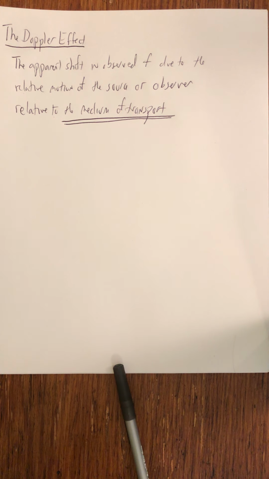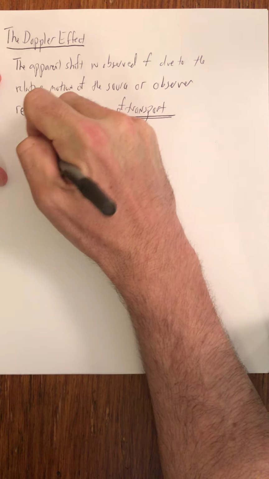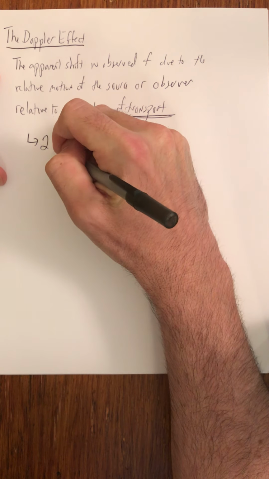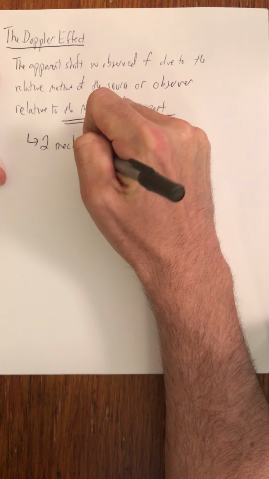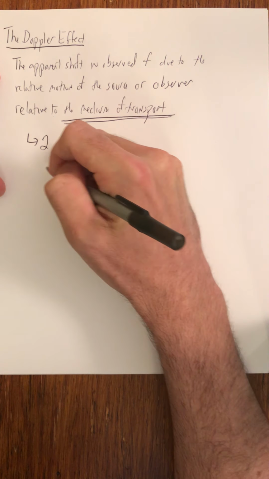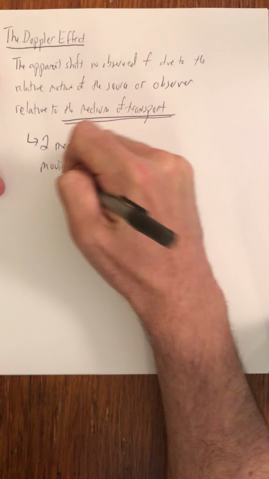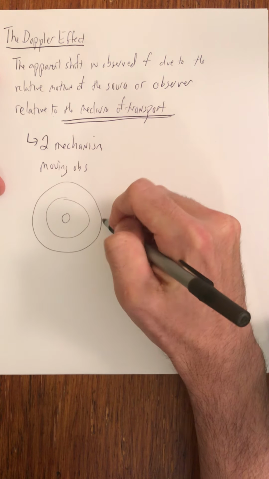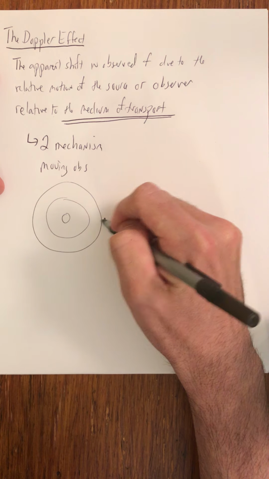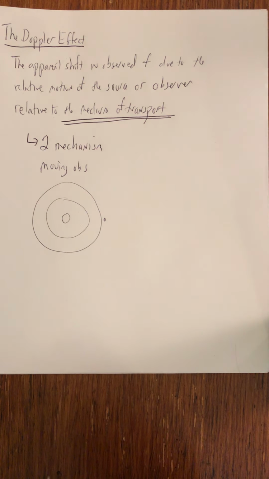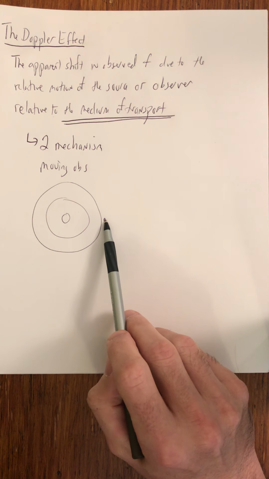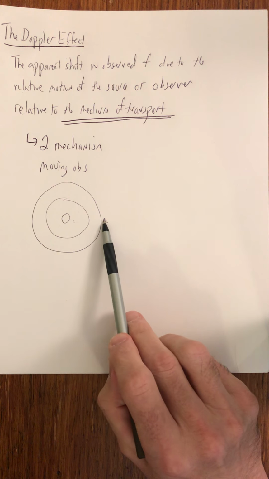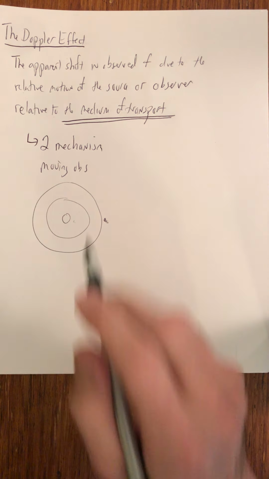Remember also the other fact that the Doppler effect had two different mechanisms. For the moving observer, remember the wave pattern wasn't distorted; it's just that the observer, because they were moving inwards or outwards, was receiving waves more or less frequently, encountering extra waves per second or fewer waves per second by running away.